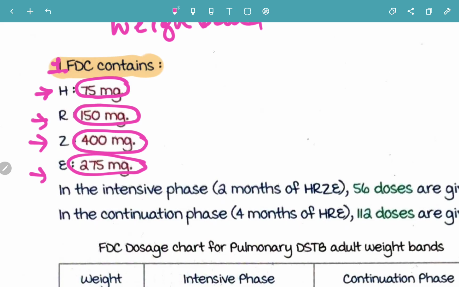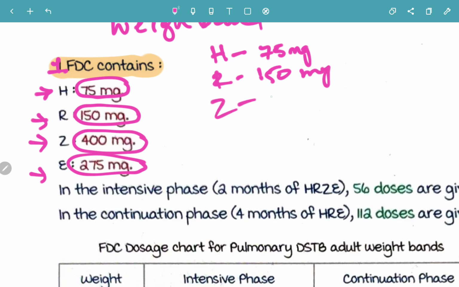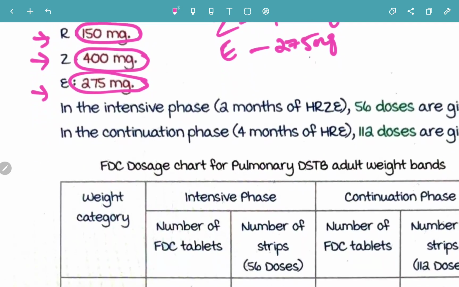So how much is isoniazid? Isoniazid is around 75 mg. How much is rifampicin? It is 150, just double. Rifampicin is 150 mg. Pyrazinamide is how much? 400 mg. And ethambutol is how much? 275 mg. Remember these values: 75, 150, 400, 275.